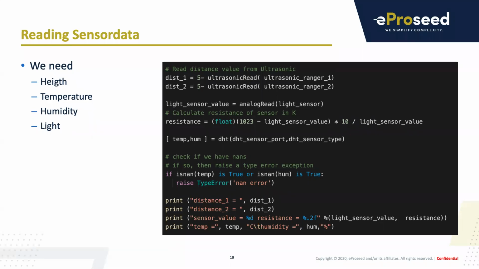We have 2 sensors, one on each side of the car, to get a more uniform reading. Then the light sensor just reads from that sensor and does some calculations. And then there's a simple temperature and humidity sensor. In this example at the bottom, I just printed to the screen, but in the real solution, it will be sent to Oracle Stream.